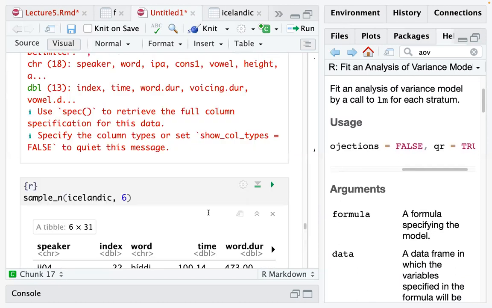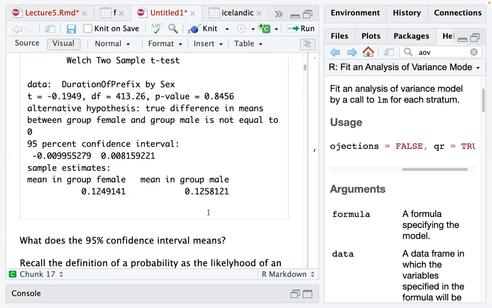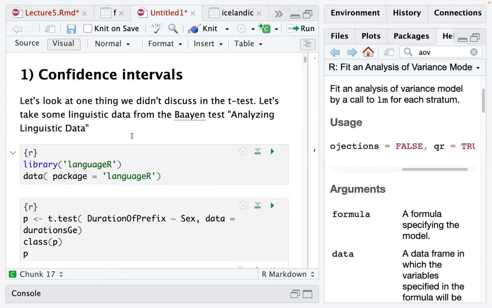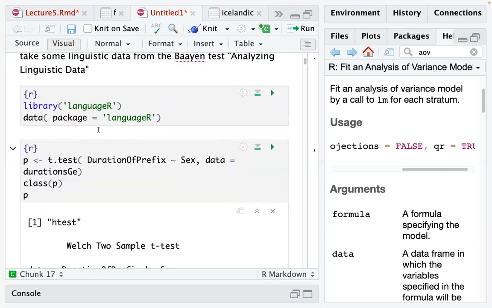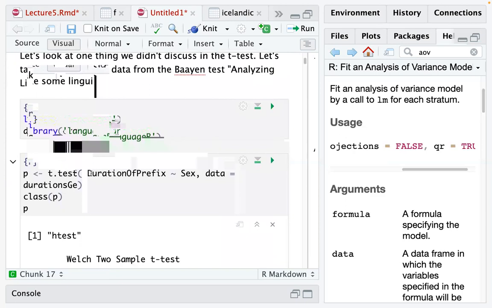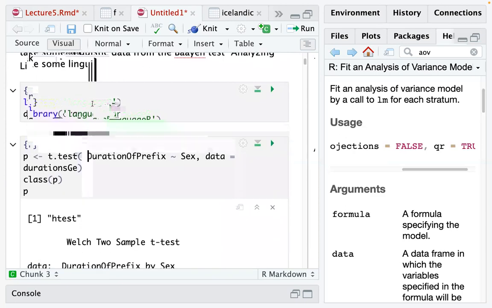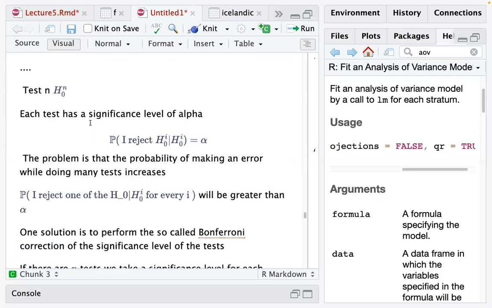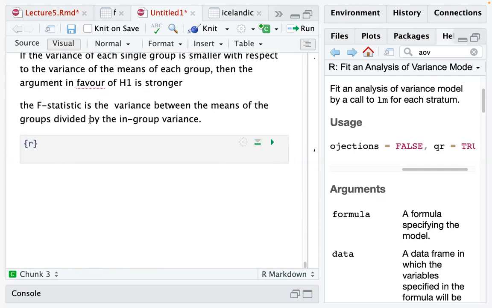I had saved some linguistic example here from the book of Baayen. He has written a book which is about data analysis for linguistic research.